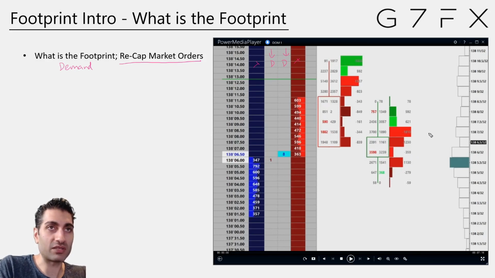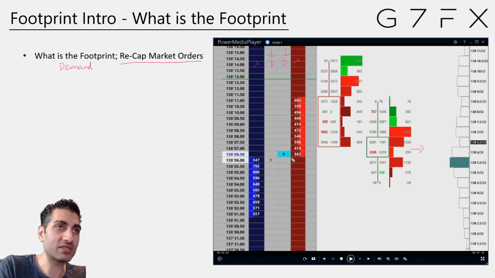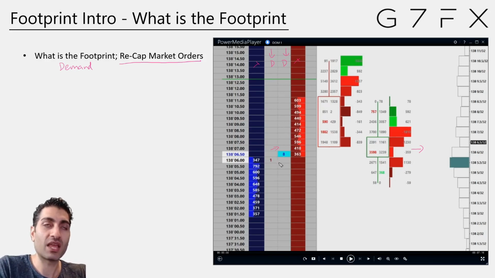What's actually happening is when a new candle forms, guys, it's forming as a new price level is achieved. And as you know, the depth of market is so fast, you may achieve a new price level and already start printing volume at that new price. So for example, let's say you clear 363 here and you immediately start trading.